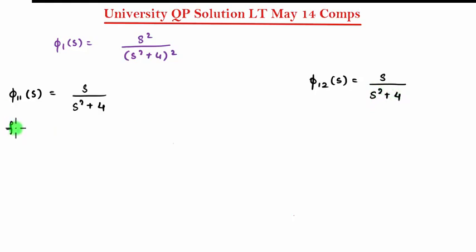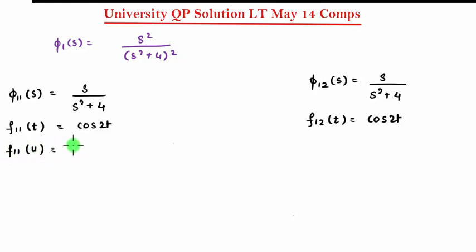So I can say f11 of t comes to be cos 2t and f12 of t comes to be cos 2t. So now I can define f11 of u as cos 2u, and f12 of t minus u as cos 2 into (t minus u).